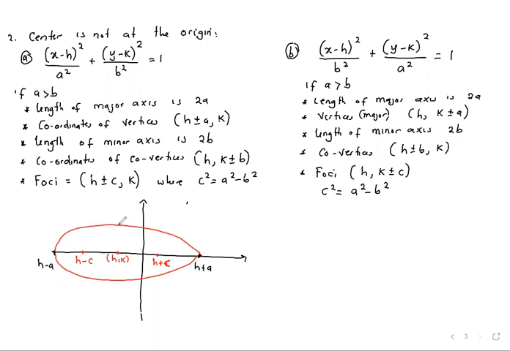Then this line cutting here is the one which has the coordinates that are being talked about as the co-vertices, which will be k plus b and k minus b.